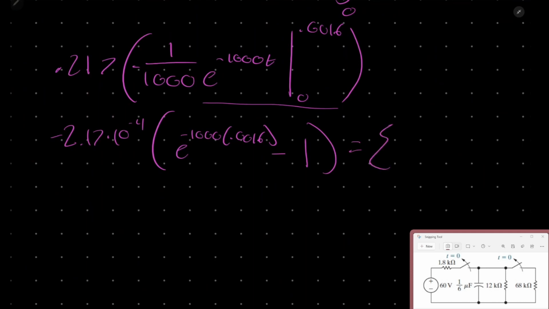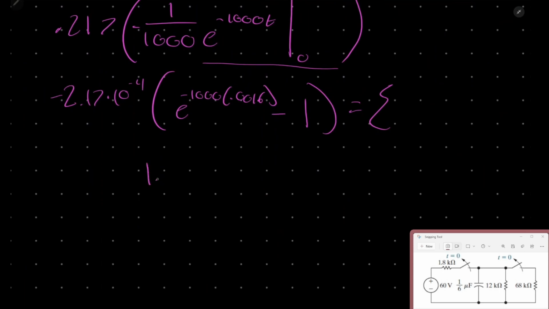So this multiplied by e to the power of negative 1000 times 0.0016 minus 1, and we get 1.73 times 10 to the power of negative 4 joules. And that is our energy for this equation.